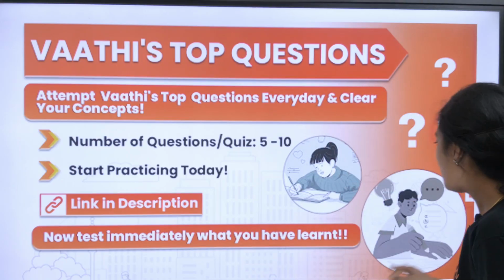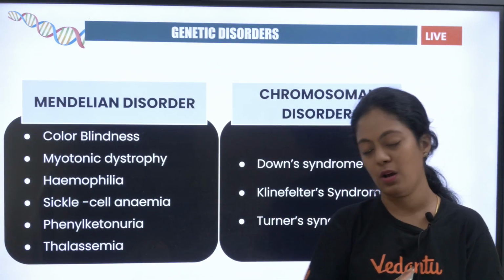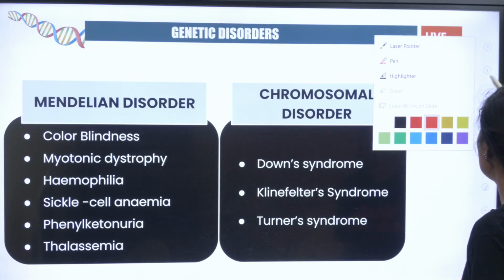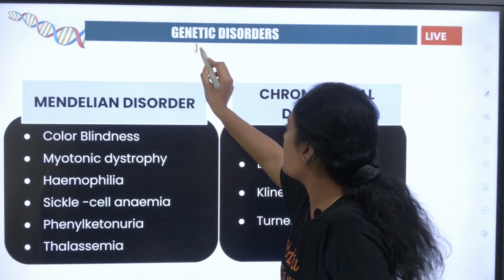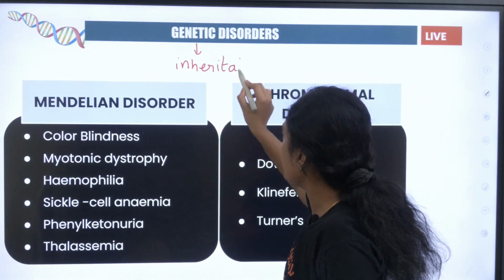So today in our session we are going to look at genetic disorders. First, let's try to understand what do you mean by genetic disorder. The disorders which are inheritable are called genetic disorders.